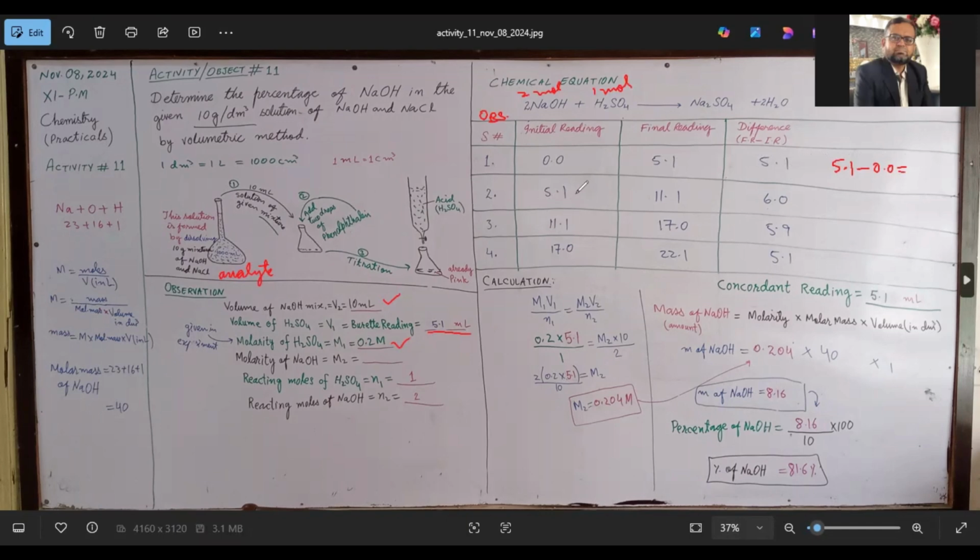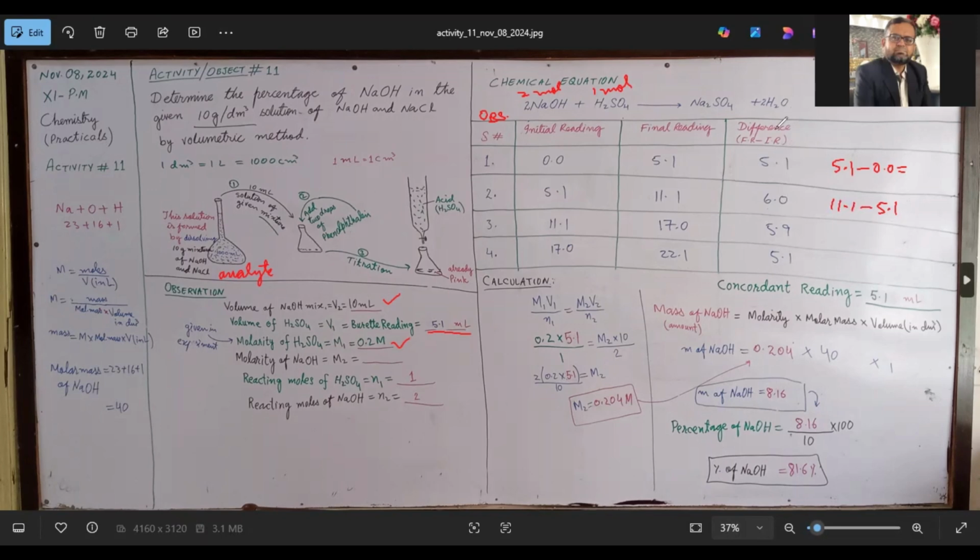Then we started our next experiment from the same volume of the sulfuric acid, that was 5.1. And the next reading was 11.1. So the difference is 11.1 minus 5.1. It is 6.